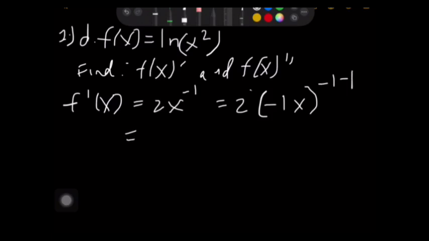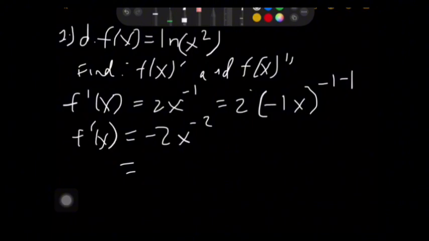So we have negative 2x raised to negative 2, and we can write this as negative 2 over x squared.